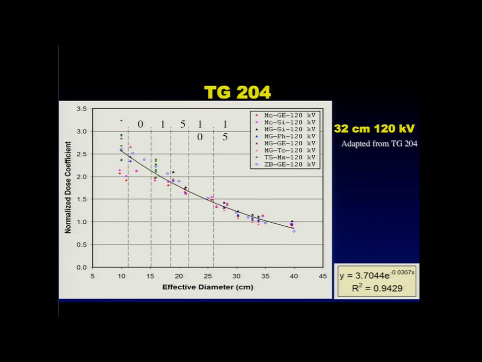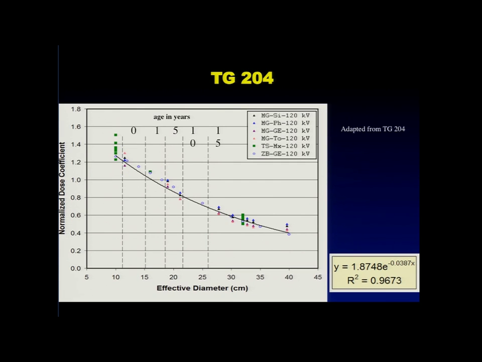This is for the 32 centimeter phantom at 120 kV. When I say 32 centimeter phantom, that's the phantom that the manufacturer is using to make their estimates of CTDI vol. Here's the same thing for the 16 centimeter phantom at 120 kV.